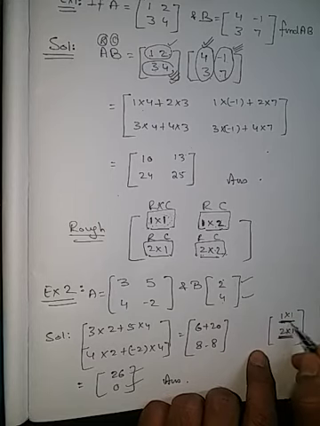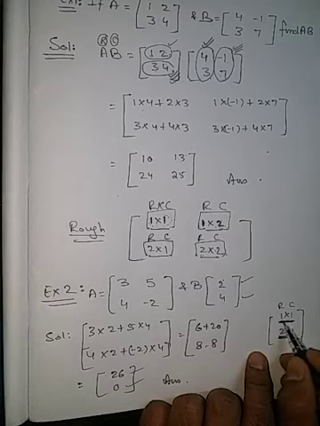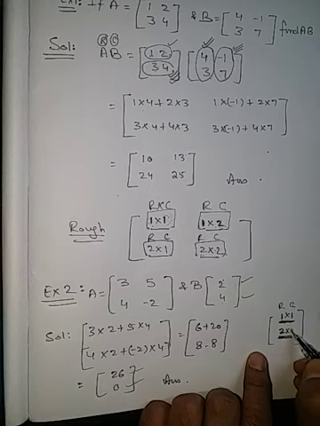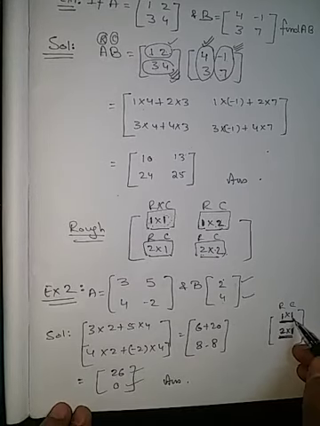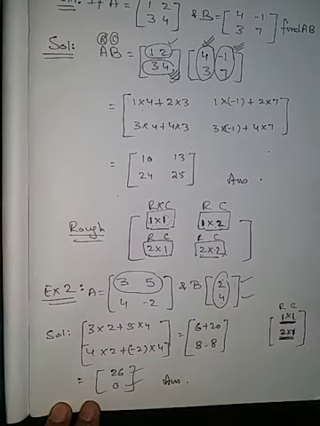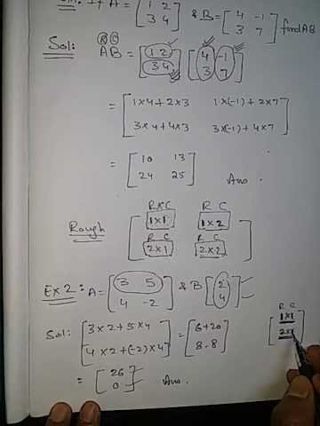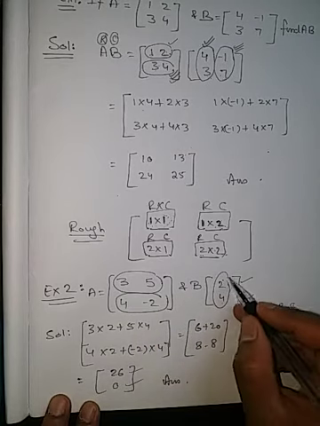So what is the positioning of these terms? What is the row here, what is the column here? This is the first row and this is the second row, and this is the first column and this is also the first column. So first row should be multiplied by the first column and second row should be multiplied by the first column.